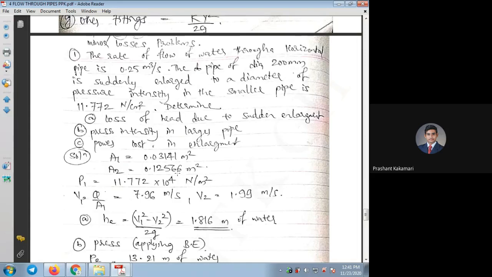To find that velocity, discharge is given and areas are known. So once the discharge and area are known, one can find out the velocity at the small pipe, V1, and the large pipe, V2.